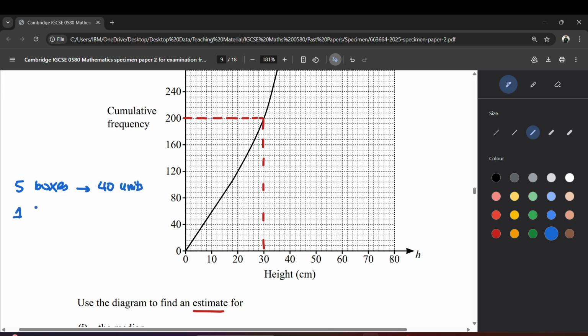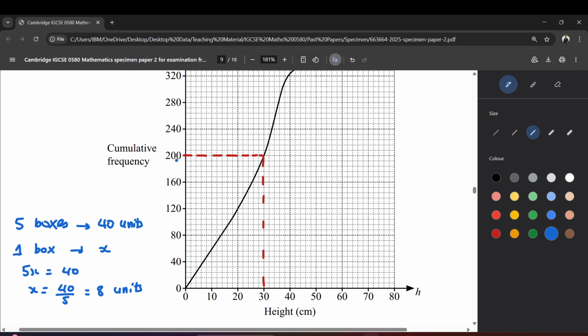How much is one small box representing? That will be x. So now you cross multiply them. So 5x is equal to 40. x is equal to 40 upon 5, which is 8 units. So now I know that each one of the small boxes represents 8 units.